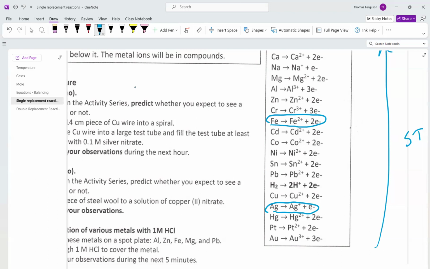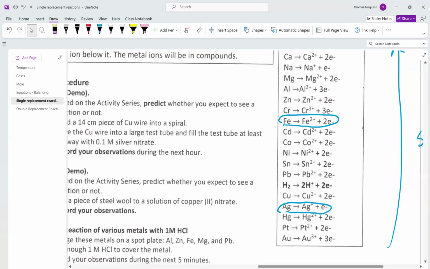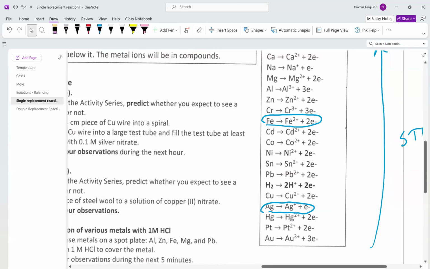According to this, iron would rather be an ion than a metal because it's higher than silver. Remember, the higher you are in this table, the more stable you are.